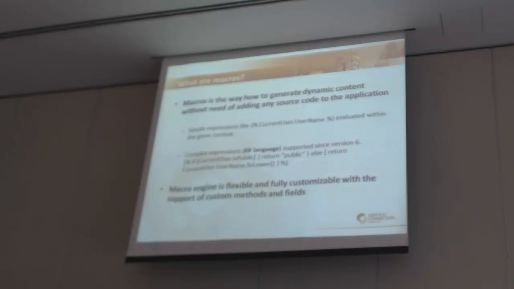It's almost a programming language, I would say. And as you can see on my slides, you can do complex expressions like if, for loops, and stuff like that. And of course, the macro engine is flexible and customizable.